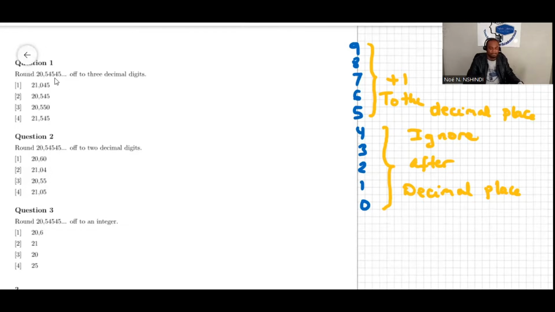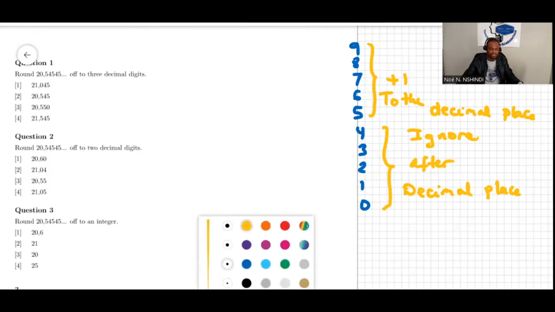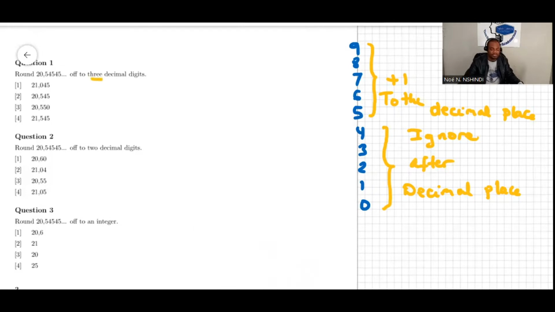Now the question here says round 20.54545 off to 3 decimal digits. Remember that it says 3 decimal digits.